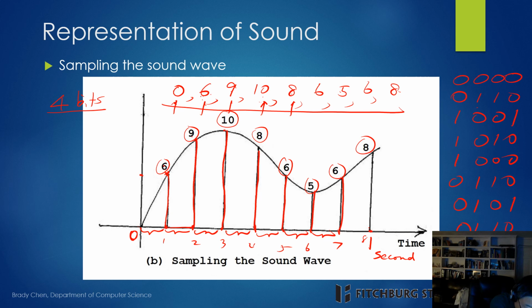And 8 is 1, 0, 0, 0. So that's 0, 6, 9, 10.